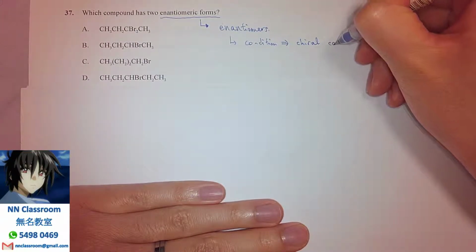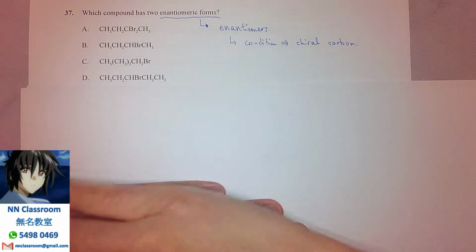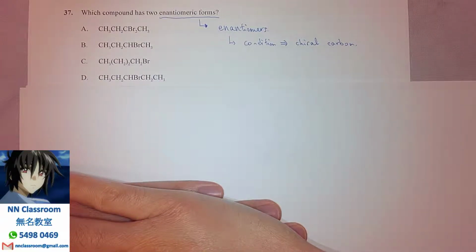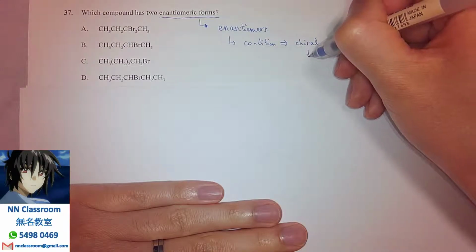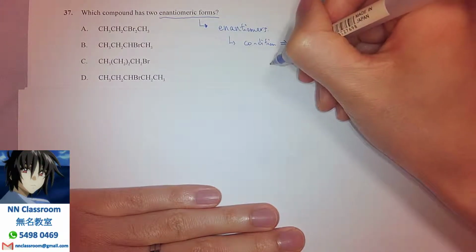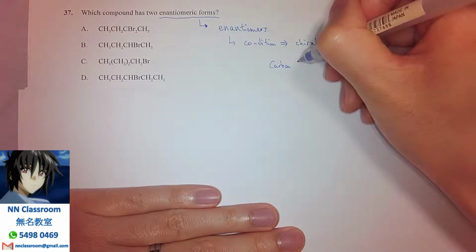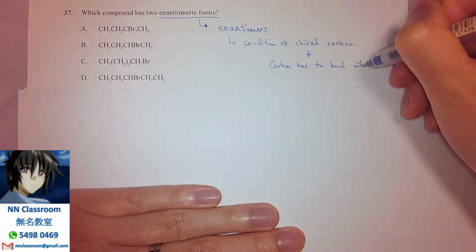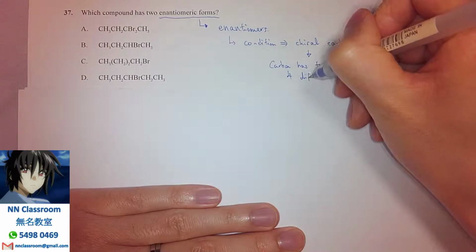I can say a chiral carbon. Having a chiral center is the number one criterion for having a pair of enantiomers, right? And the criterion for having a chiral center is fundamentally that one of the carbons has to bond with 4 different groups.